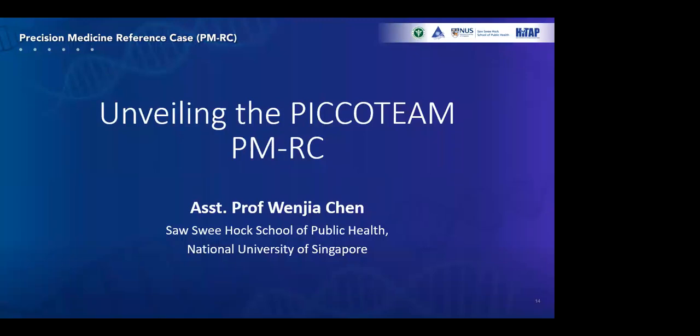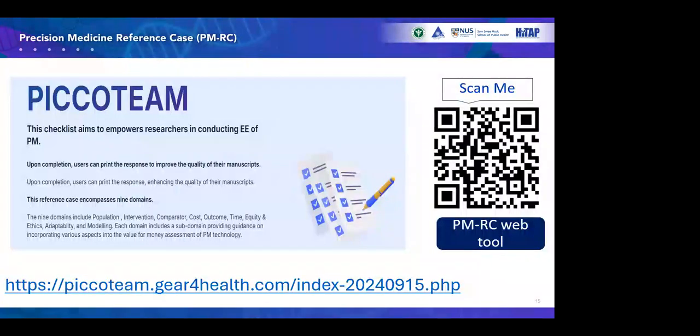And for the next 40 minutes or so, I'm going to walk you through the detailed components of this PMRC using a case study as an example. You can scan this QR code and find the website where we have put our PICCOTEAM reference case into a web app that allows you to check each item and also enter responses there.